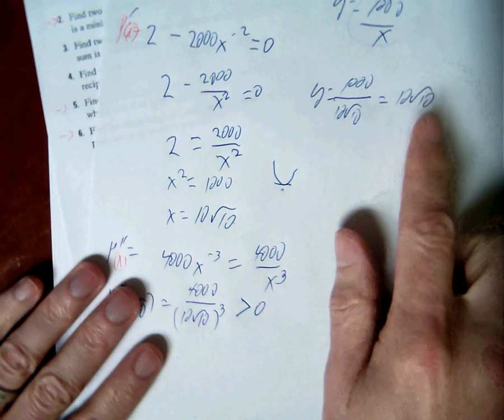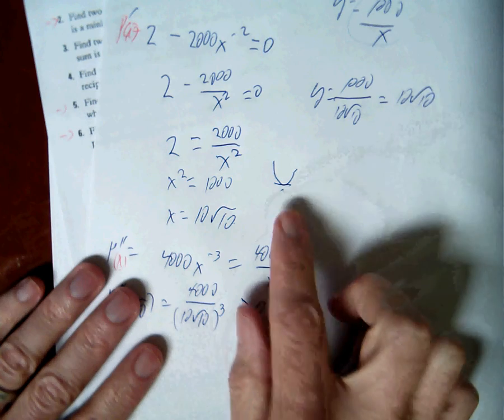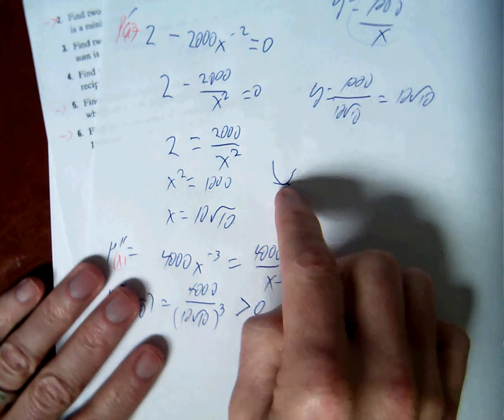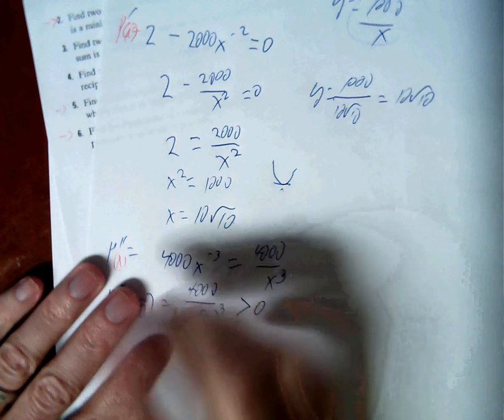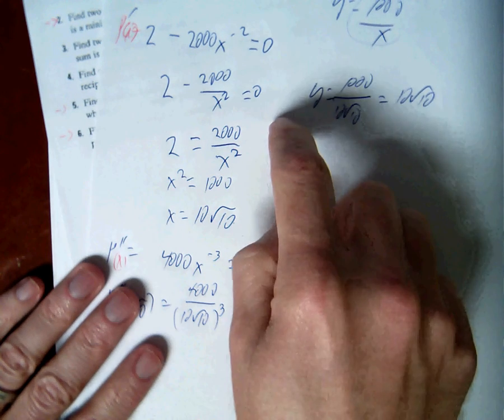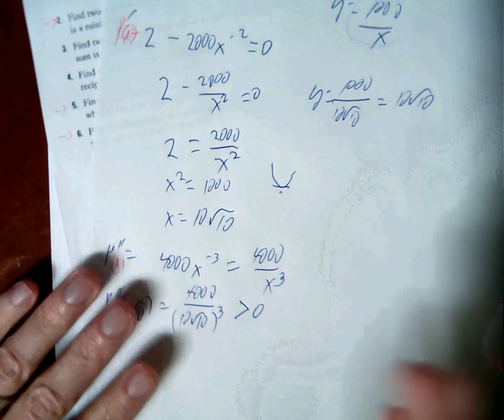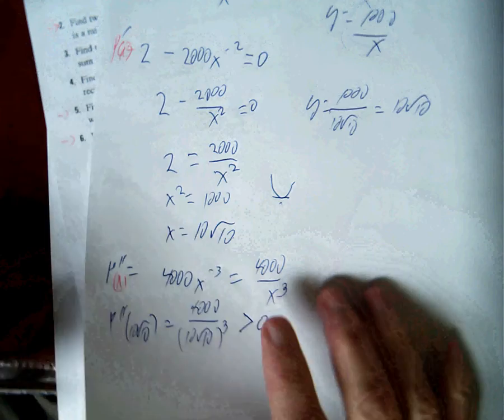In this case, I needed a minimum, and my critical point was at a minimum, and yay, I got the answer. But what happens if your critical point's at a maximum? How do you find the minimum? Those are some questions we're going to talk about when the questions get harder, but not today.